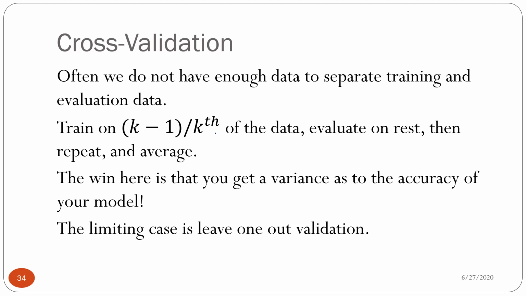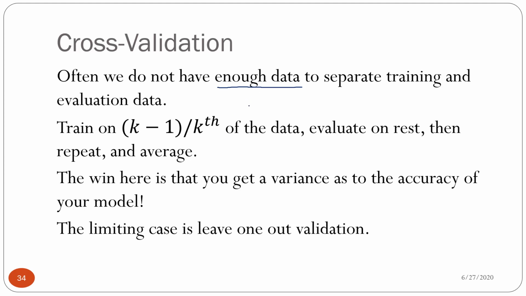It is cross-validation. Cross-validation is a very popular approach in validating the model, and this is done mostly when we are limited by the data, when we don't have enough data. Then what do we do? We divide the data into k samples.